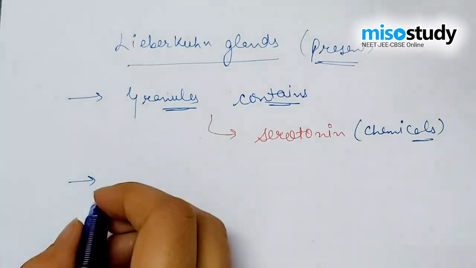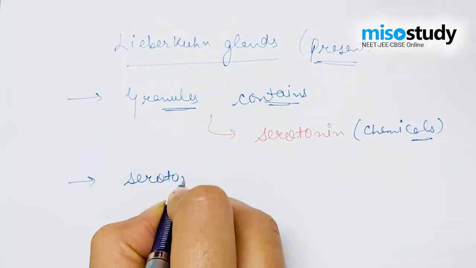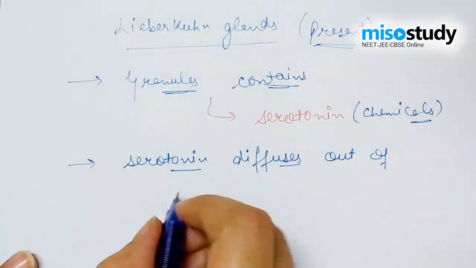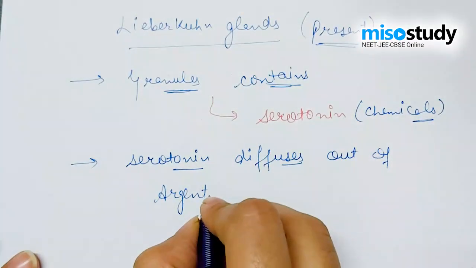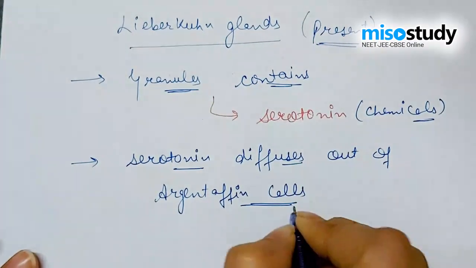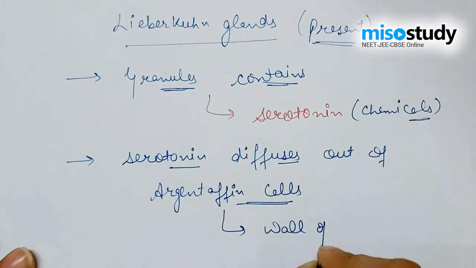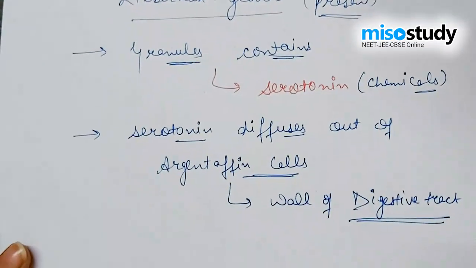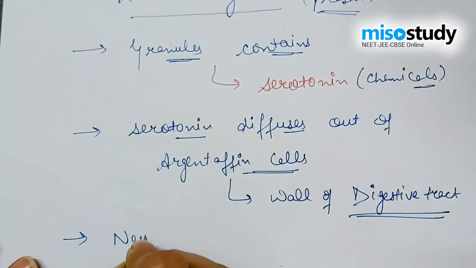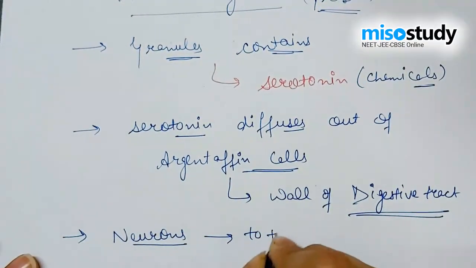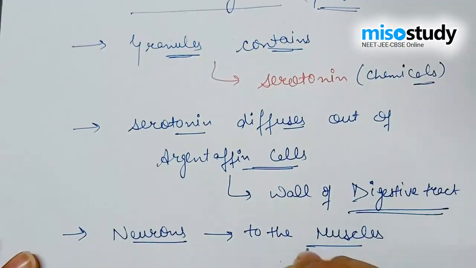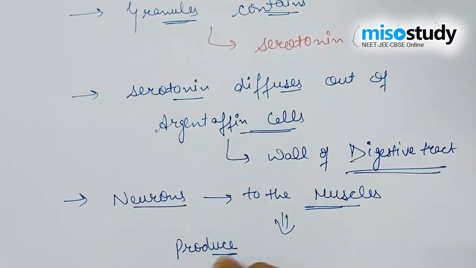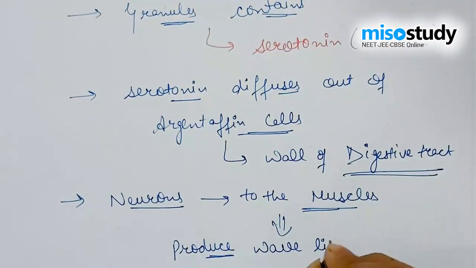The function believed of serotonin is that it diffuses out of the argentaffin cells into the wall of the digestive tract, where neurons are leading to the muscles, where they stimulate wave-like contractions.